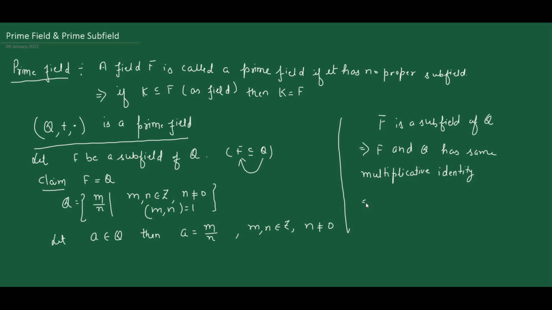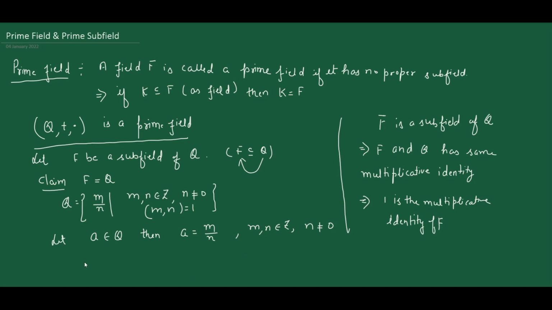And you know that the set of rational numbers has multiplicative identity 1. This implies 1 is the multiplicative identity of F. So this will help us.